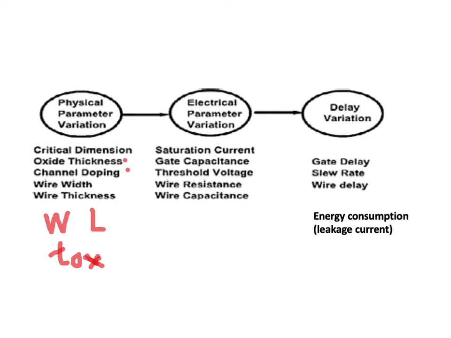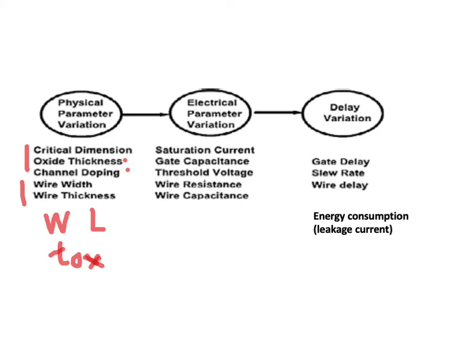And of course, it's not just the transistors making up the logic gates that suffer from this process variation. Process variation also affects the dimensions of the wires, the interconnects that are routed from one transistor or one logic gate to another. So the dimensions of the wires may also change in terms of width, length, and thickness.